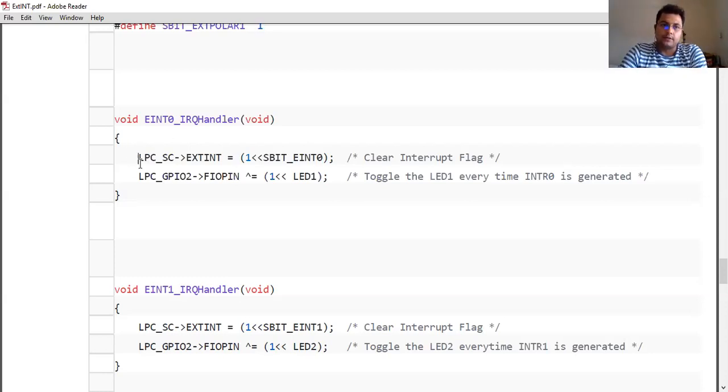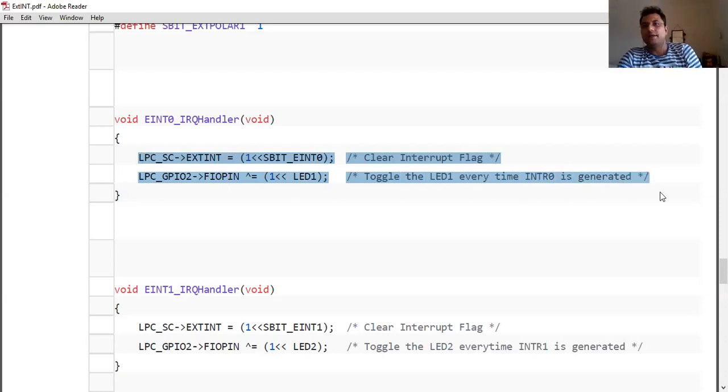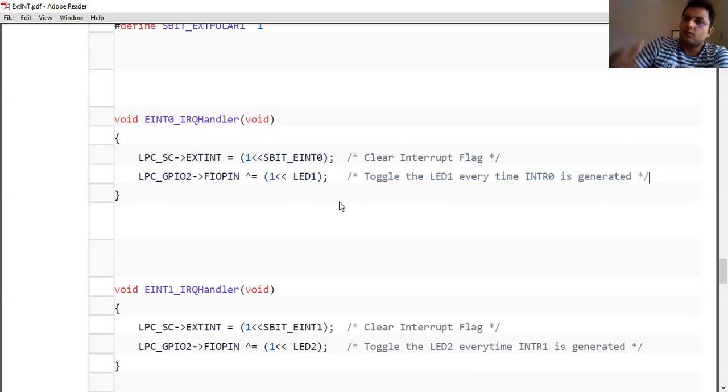Whatever we write inside this finds its place in the interrupt service routine. As and when you acknowledge any interrupt, you first clear that interrupt flag. In external interrupt, whatever the value is right now, you overwrite it with 1. That amounts to clearing the interrupt, which means you have acknowledged the interrupt.